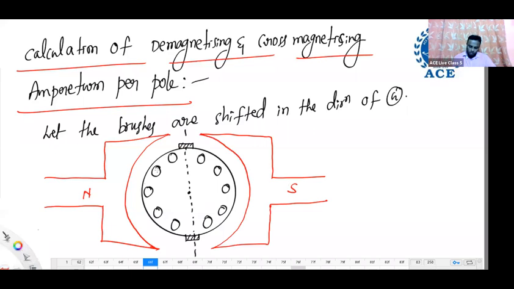Under North Pole, current is cross, since the generator direction is clockwise. You know that it is clockwise. This is cross under North Pole, dot under South Pole.